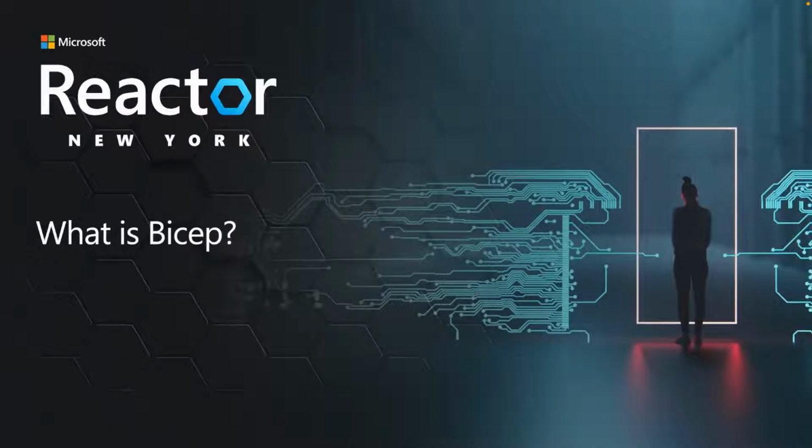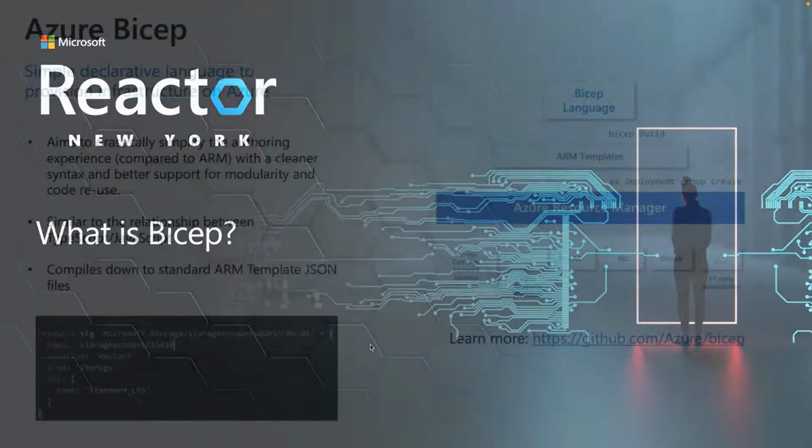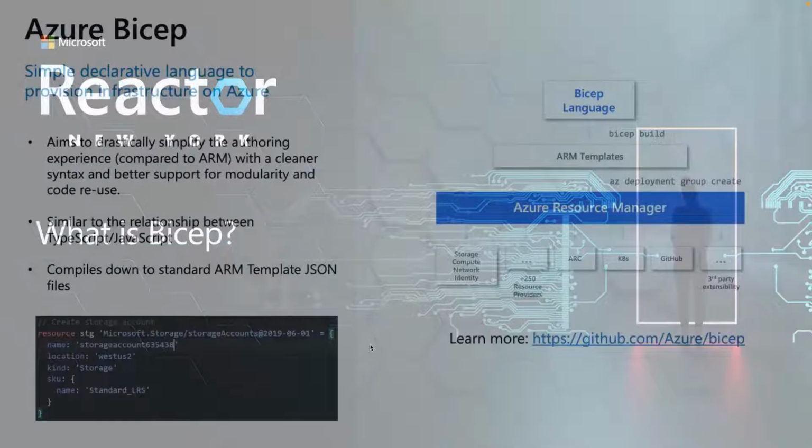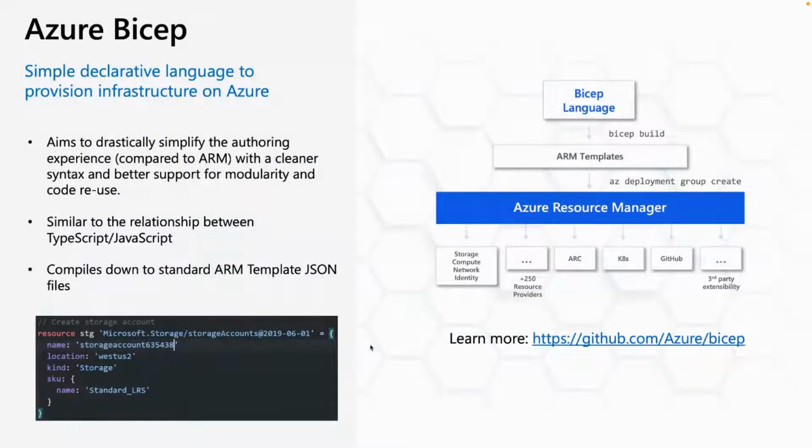Cool. So first question is, what is Bicep? Well, we can start out with an intro on what it is, which is a domain-specific language for deploying Azure resources declaratively. So you could think of it as the next generation of ARM templates, which if you've worked with in the past, you know that they came with a burden of working with JSON. So Bicep has a simpler syntax, and it's aimed at simplifying the authoring experience.